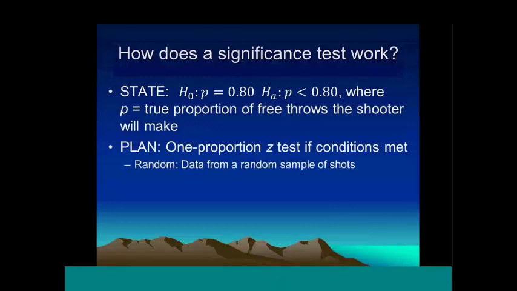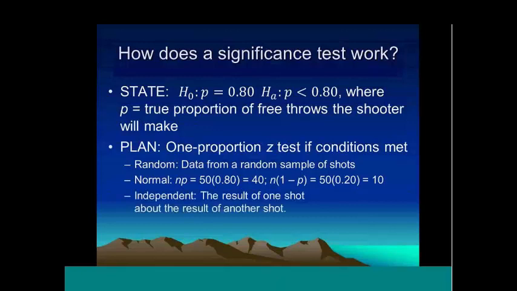We have a random sample of shots from the computer-generated applet. Our normal condition, I mentioned out loud, is met just barely. n times 1 minus p is exactly 10. And in this case, we're not sampling without replacement because it's an infinite computer-generated applet. But I might mention something about one shot's outcome really tells us nothing about another's because it's being randomly generated.